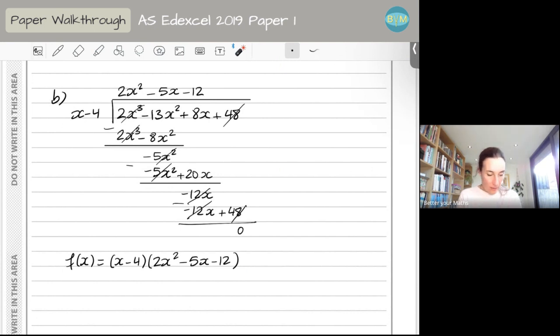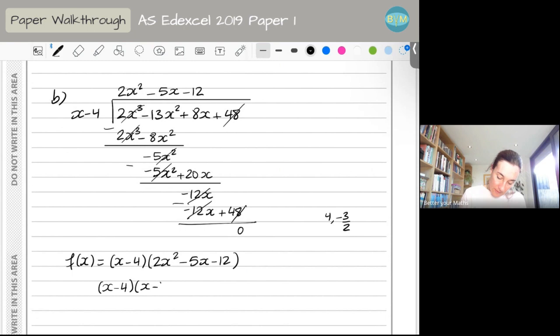So 2, minus 5, minus 12, I get 4 and minus 3 halves, which means we can factorize it as x minus 4 and 2x plus 3. This is our function.